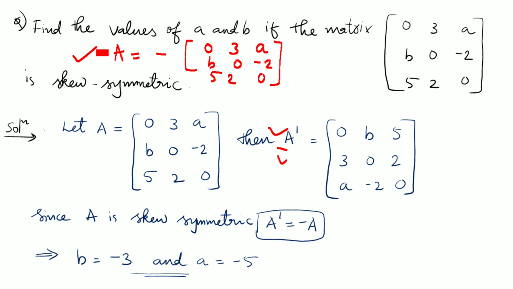Or if you see this first row, this B is equal to this 3, corresponding element in first row of the 2 matrices minus A and A dash.